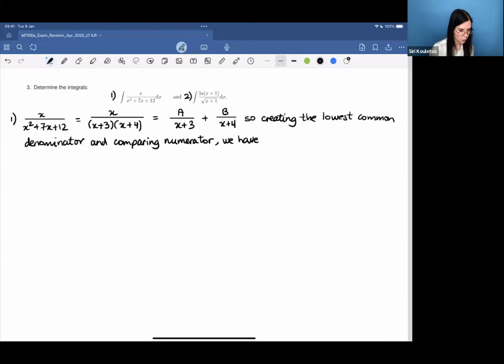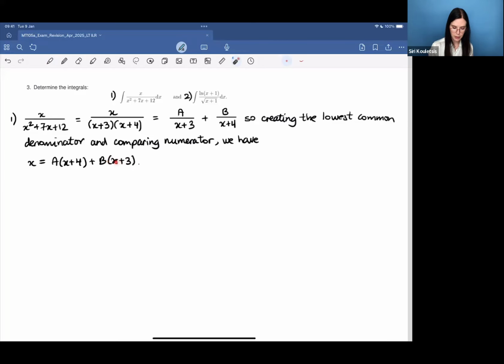Okay, so our numerator will have x here on the left-hand side, and then we're going to have a times x plus 4 plus b times x plus 3. And now we can choose convenient values for x that will help us find the values of a and b.